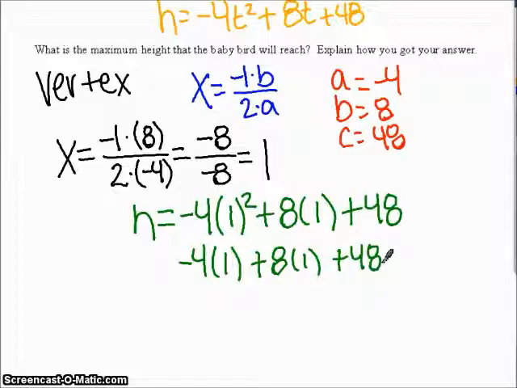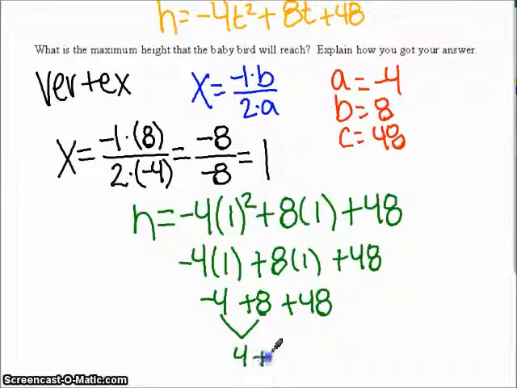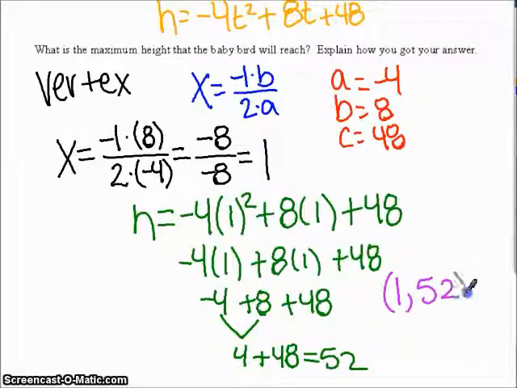Now we're just simplifying. So negative 4 times 1 is negative 4 plus 8 plus 48. Negative 4 plus 8 is positive 4, and positive 4 plus 48 is 52. So now we know our vertex is (1, 52).